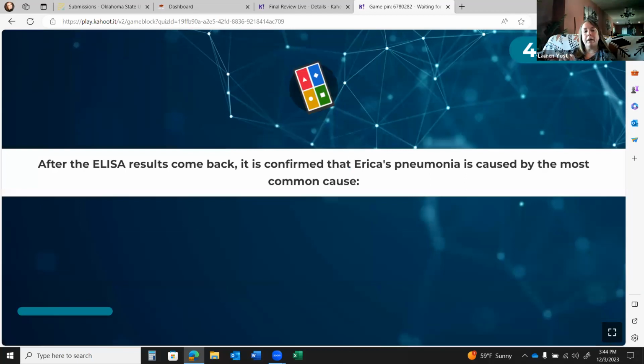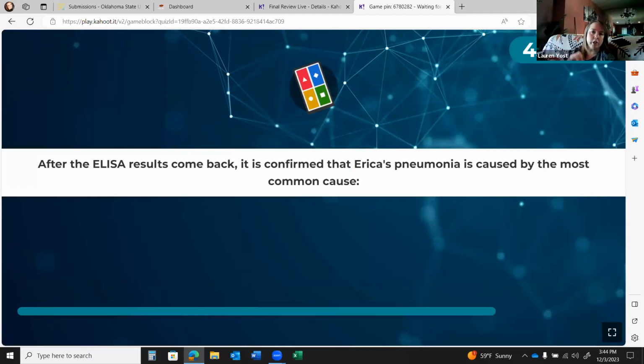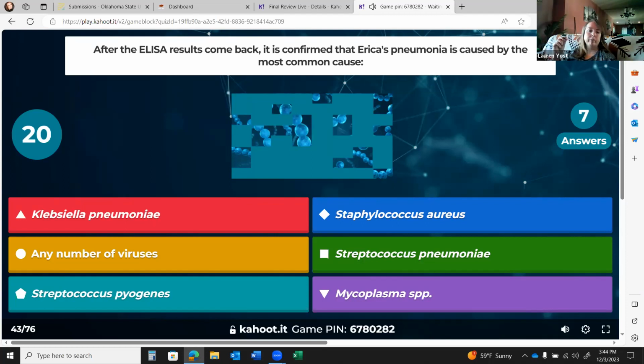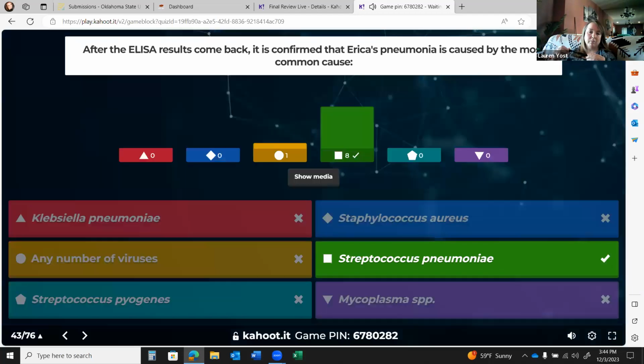After ELISA comes back, it is confirmed that she has pneumonia by the most common cause of pneumonia, which is great job, guys. Yes, that is going to be Streptococcus pneumoniae.